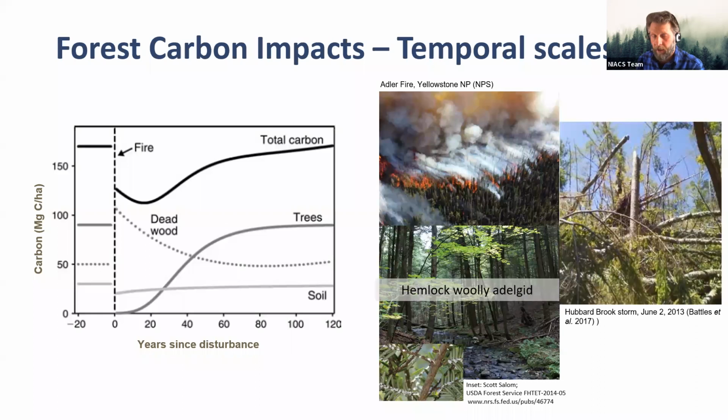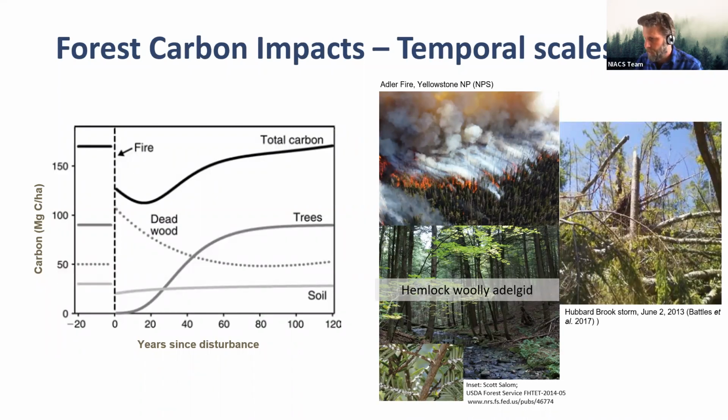Carbon stocks and sequestration rates are one of those things that can change in an instant under certain types of disturbances, could change slowly under other types of disturbances. And the response over time is typically a response that plays out over the course of decades, if not centuries, right? And so our ability to manage carbon, we need to be thinking generally at these very broad temporal scales.